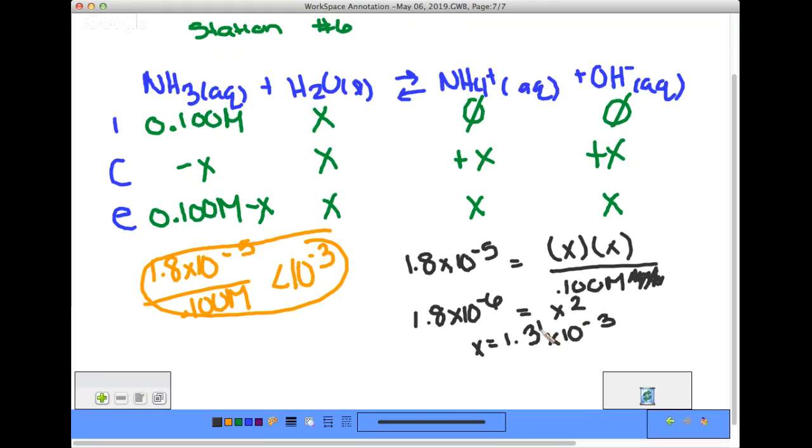So let's add a 4 here. Again, I'm not going off this. These are exact numbers. So I'm going to go off these values right here. So there's 3 significant figures there. So I should have 3 significant figures in my answer. So that means that the concentration of ammonium, which equals the concentration of hydroxide, is 1.34 times 10 to the negative third molar. And actually the problem only asked about the concentration of hydroxide, so that would be my answer for that problem. So that's station number 6.